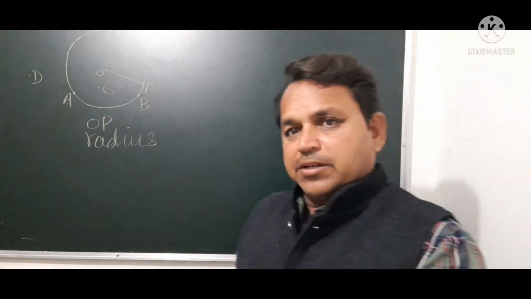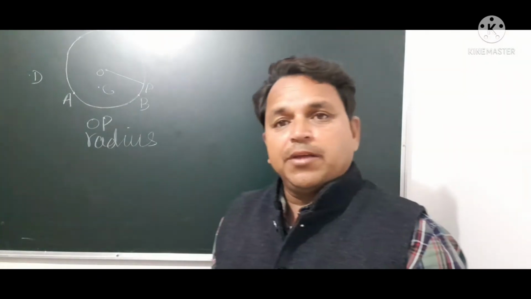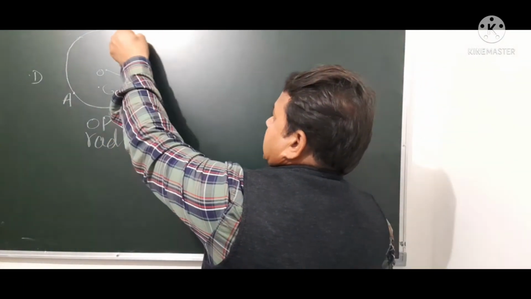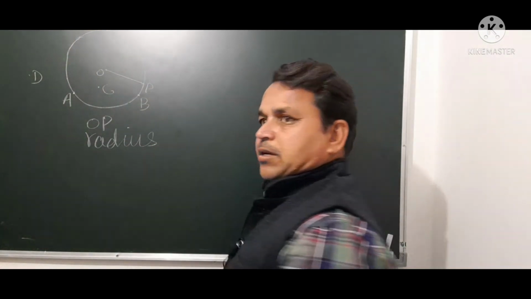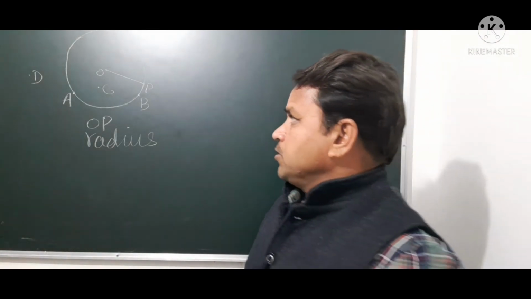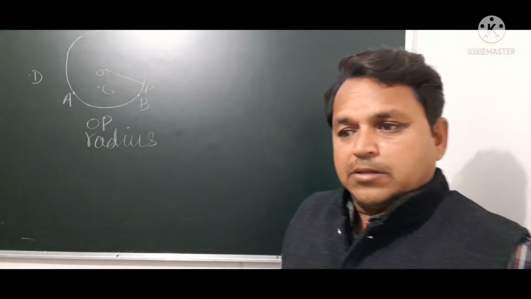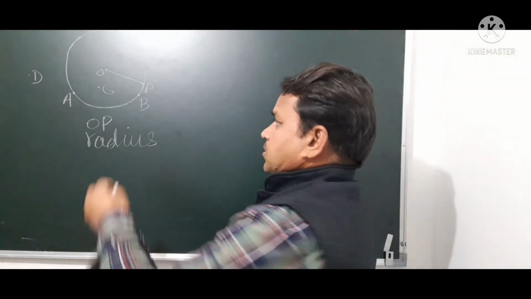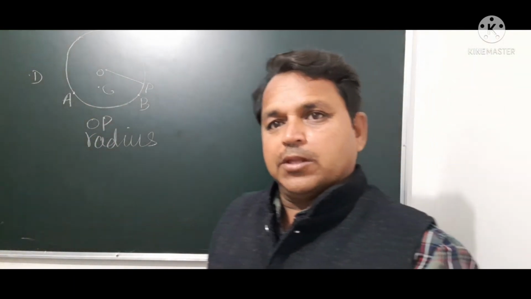So we have studied this in earlier classes, that a circle drawn in the plane divides the plane into 3 parts. Any point outside the circle will be known as in the exterior of the circle. Those points which lie inside the circular region will be known as the points in the interior of the circle, and those points which lie on this curved line will be known to be lying on the circle itself.